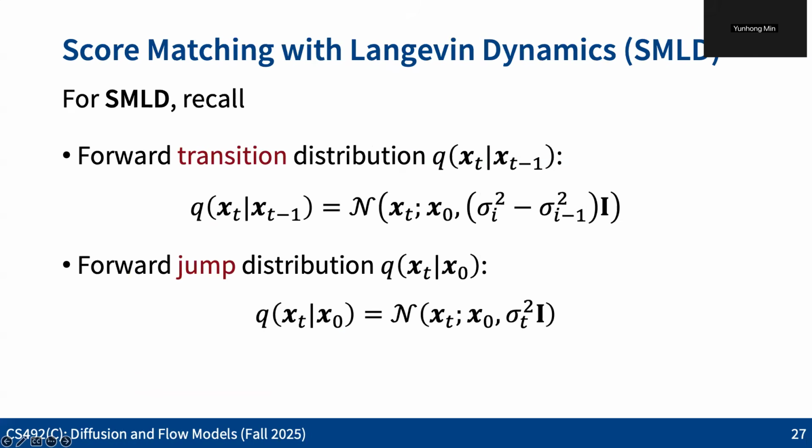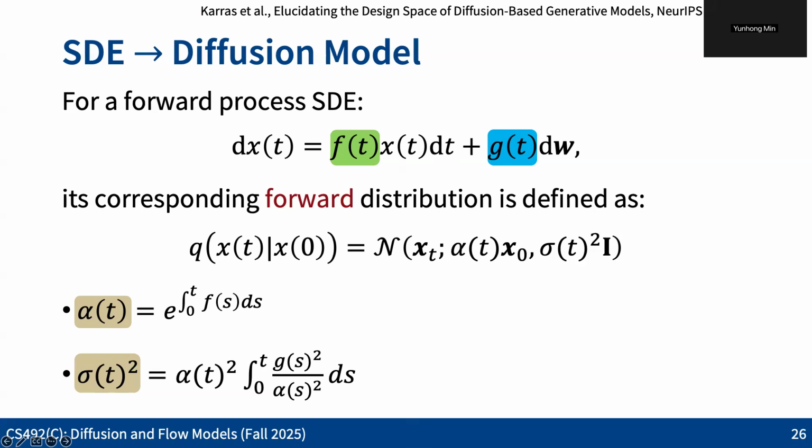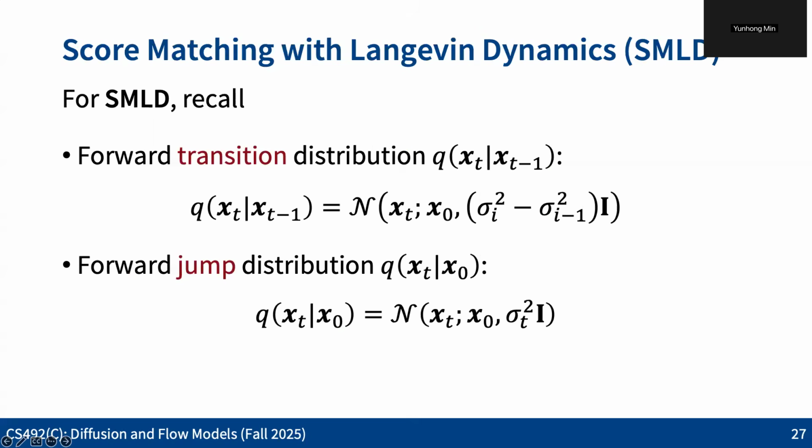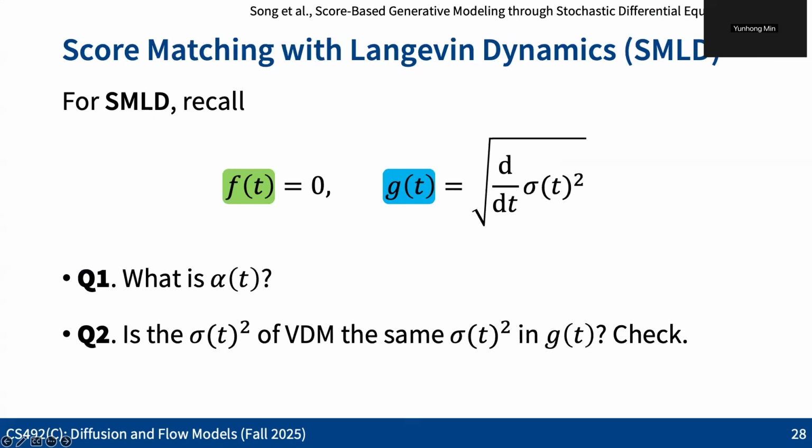Recall that for SMLD, the transition distribution was defined in this way, and this xt conditioned on xu was defined this way, right? From this, we derived the forward SDE, right? And from the forward SDE, we can now see how the jump distribution is defined in this way. Which means that all three things are aligned with each other, right? So let's quickly see. You can download those slides from the shared workspace.